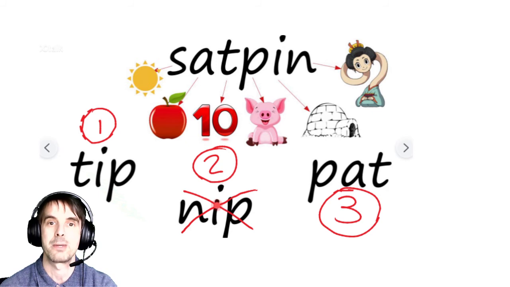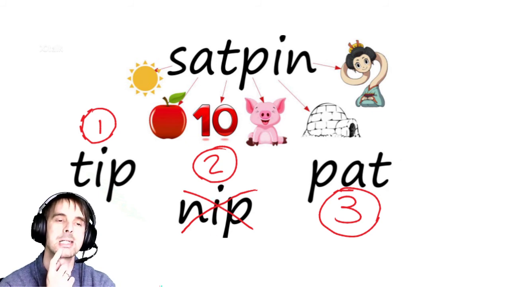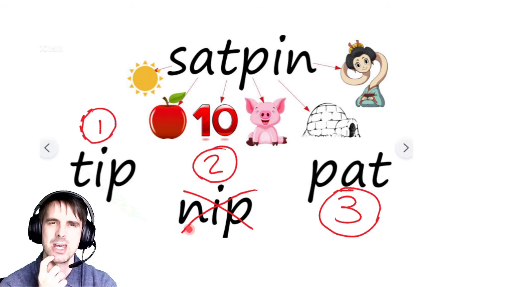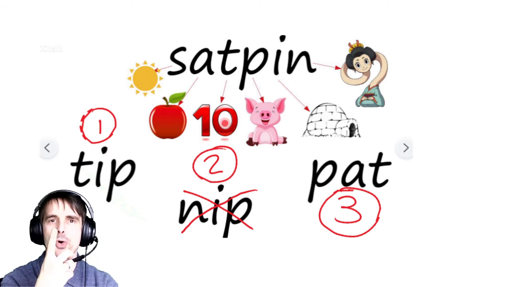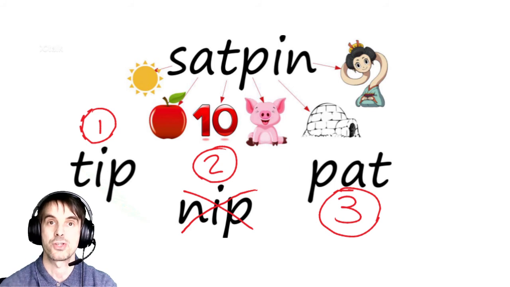我们再来一遍. One more time. I'm going to say tip. Tip. Is that number 1 or is that number 3? Tip. Okay, I'm going to give you 5 seconds. 5, 4, 3, 2, 1.